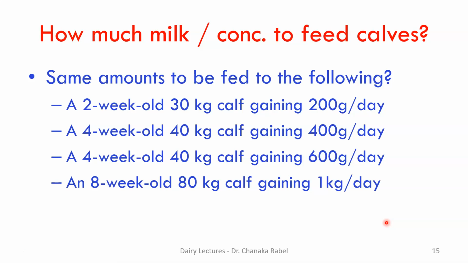I hope that is very clear, and I hope, after seeing these lectures, you will practice intensified calf management in your respective ranges, regardless of whether it's small scale, medium scale, or large scale. Try to adopt this intensive calf feeding management in your range.